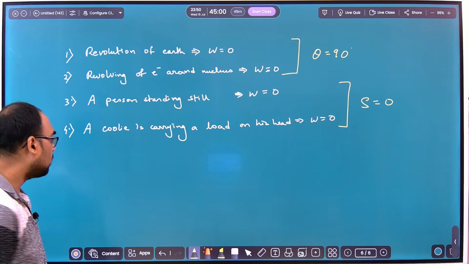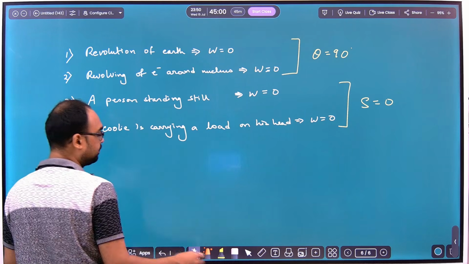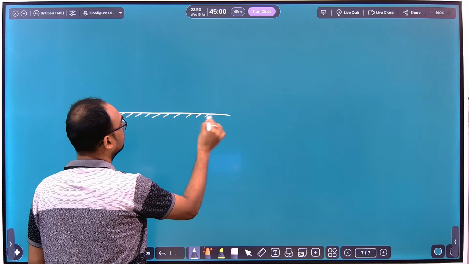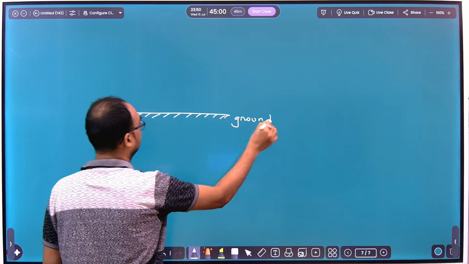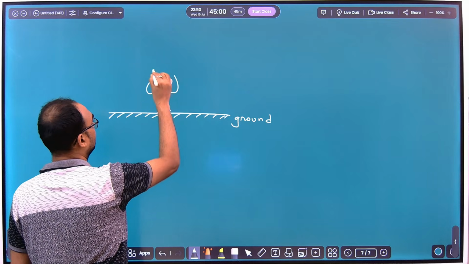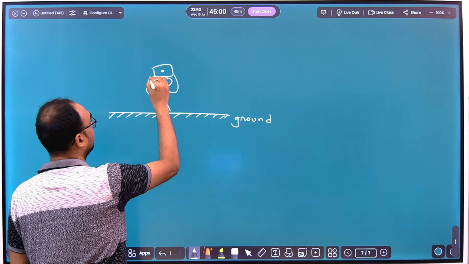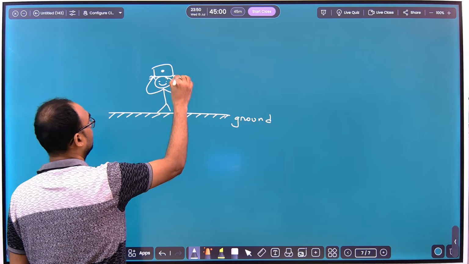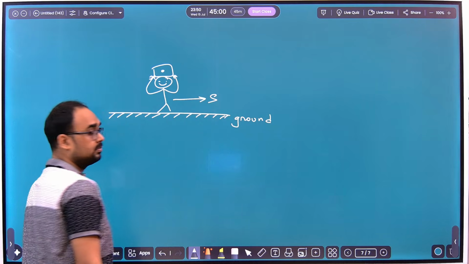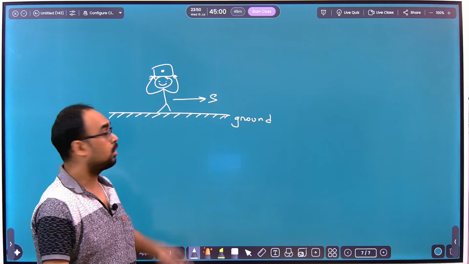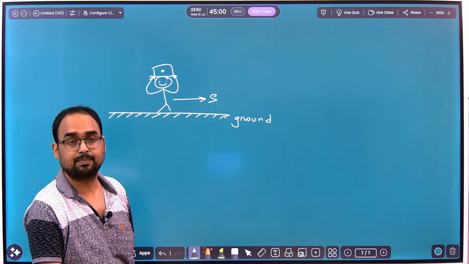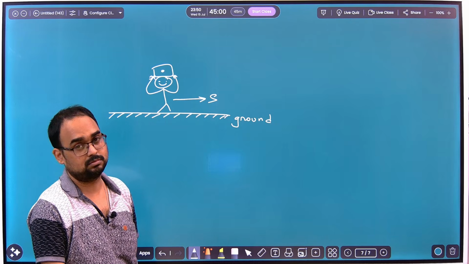Okay. Now comes the concept. Now let's say in school they ask you, let's say this is the ground, a coolie is carrying some luggage on his head and is moving in this direction with the displacement S. Now the school may ask, what is the work done?